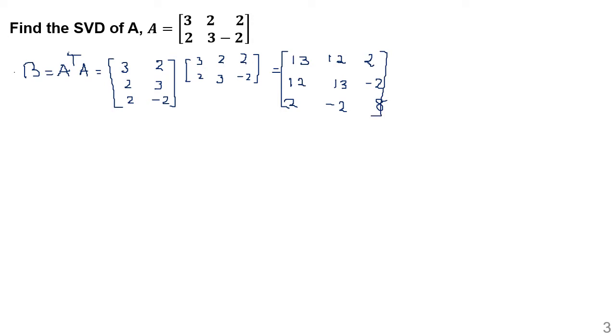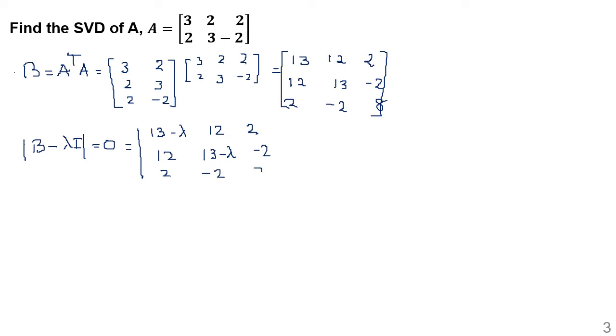Next step is to find out the eigenvalues of this matrix. It can be found by using the formula determinant of B minus lambda I is equal to 0. That will give you 13 minus lambda, 12, 2, 12, 13 minus lambda, minus 2, 2, minus 2, 8 minus lambda is equal to 0.